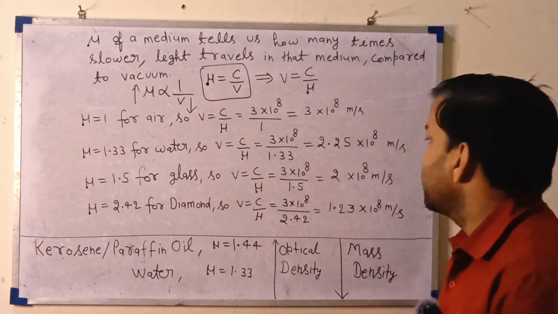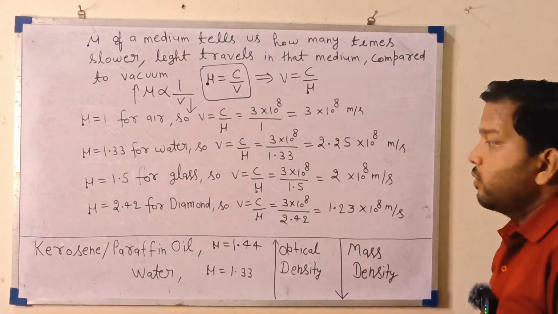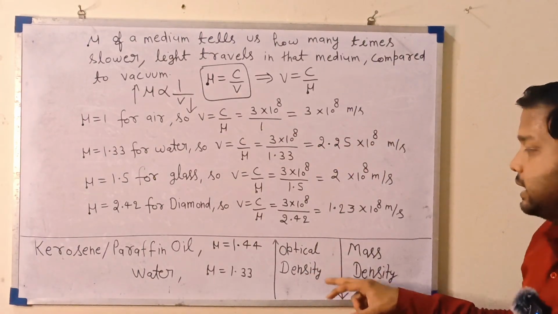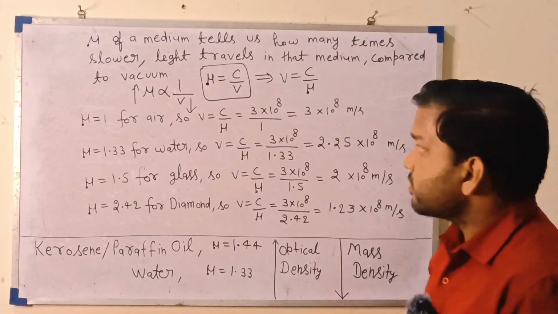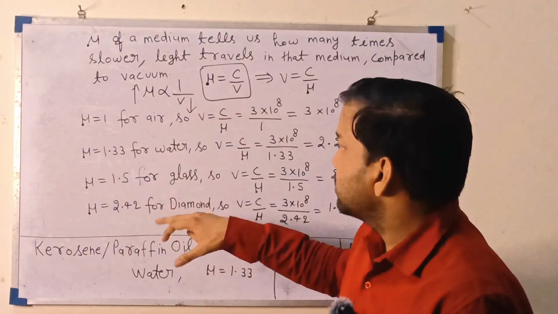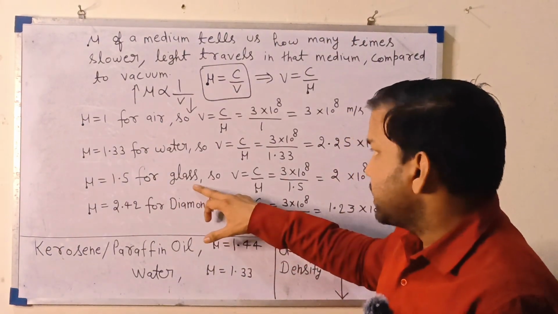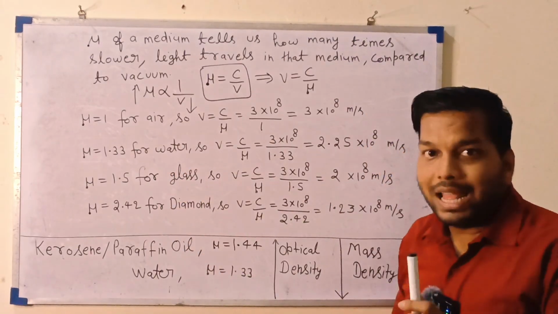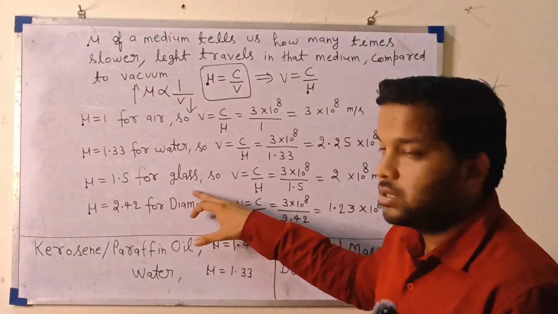became. Okay, but here one more case you have to know, that is about optical density. Okay, water is much denser than air, glass is much denser than water, and again diamond is much denser than glass, right?